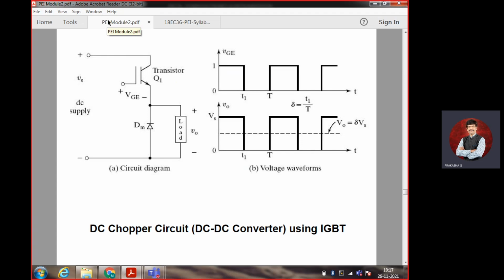Metal oxide semiconductor field effect transistor. And the last one is the static induction transistor.